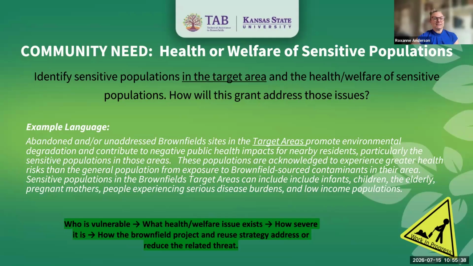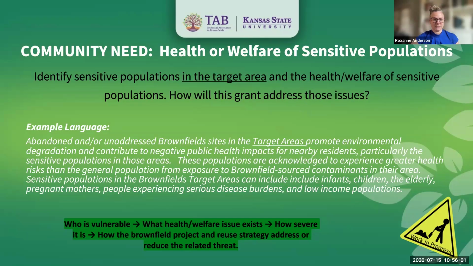Are your elderly residents living adjacent to former industrial properties? Are children attending a school near your priority site? Does your target area have elevated rates of chronic respiratory disease? Then tell me how severe the condition is. And finally, you want to connect it to the Brownfield project specifically and the proposed reuse of that project.